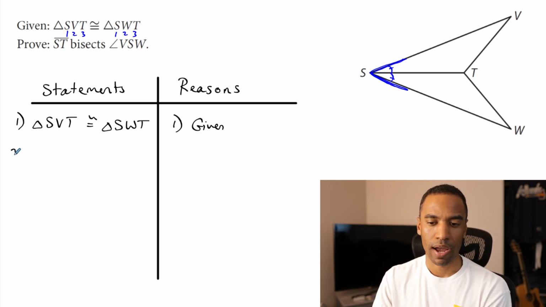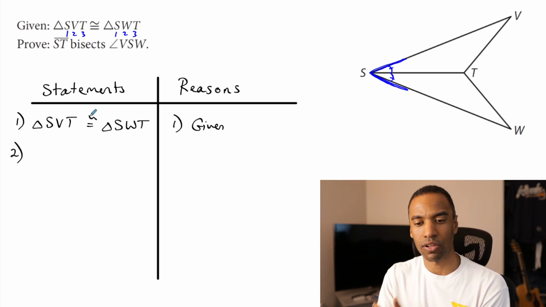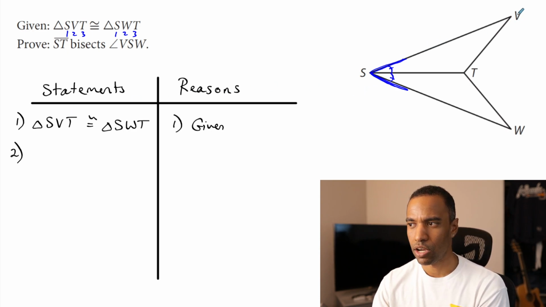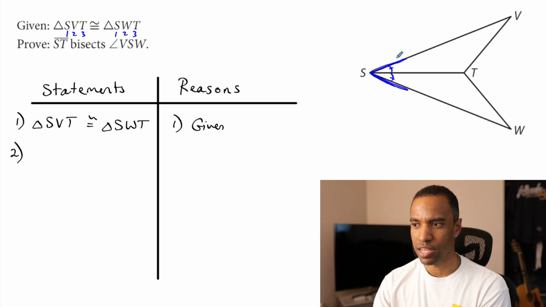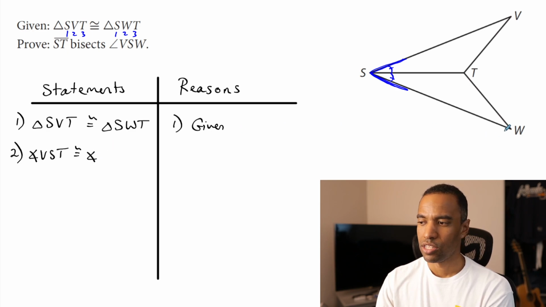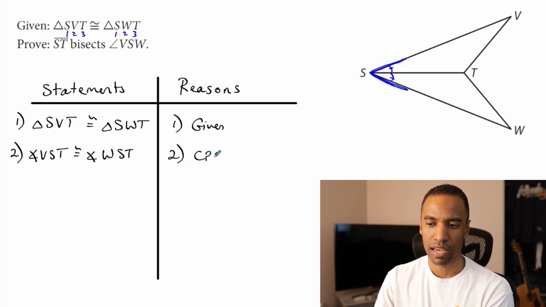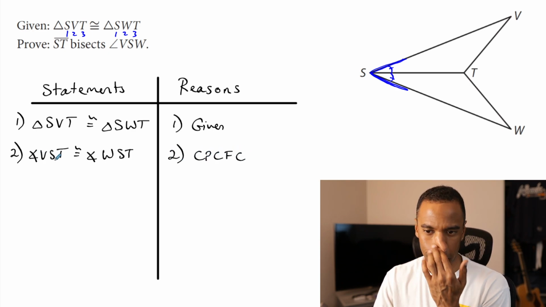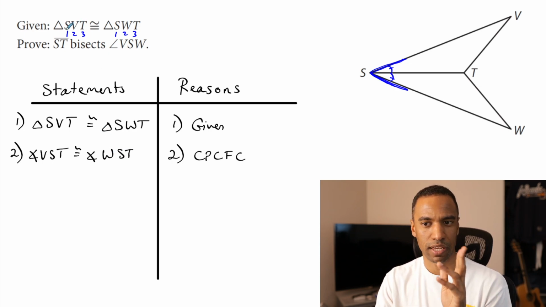Now, the way that I want to write that out, I can't just say angle S is congruent to angle S because they are 2 specifically different angles. We can call this angle VST is congruent to angle WST right here. Because CPCTC, once again, these were corresponding parts. The angle S's, because they were the first letters here, are congruent to each other.